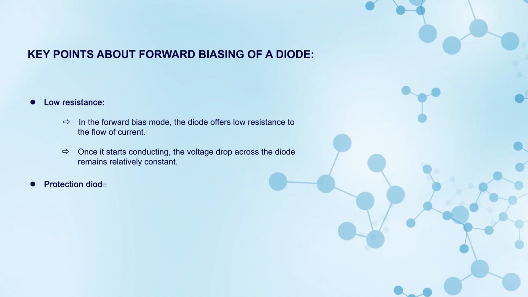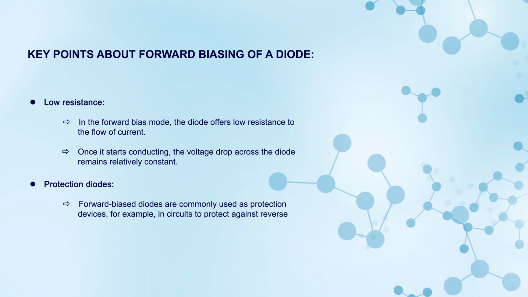Now, the third key point is about the protection diodes. Forward biased diodes are commonly used as protection devices, for example, in circuits to protect against reverse voltage or voltage spikes. Let us understand this in detail.